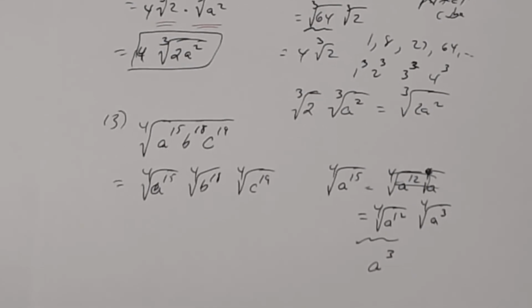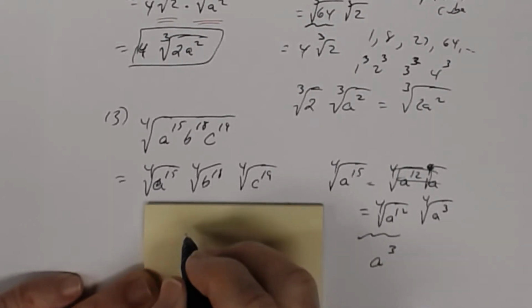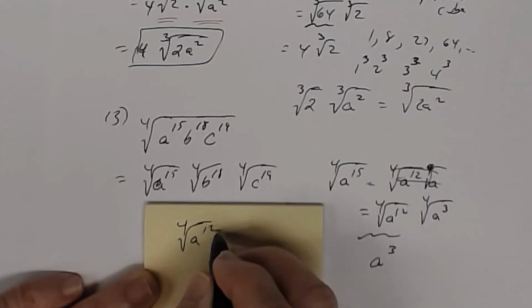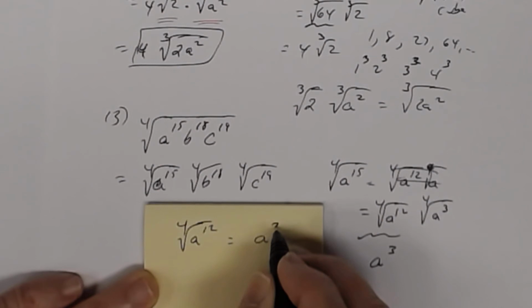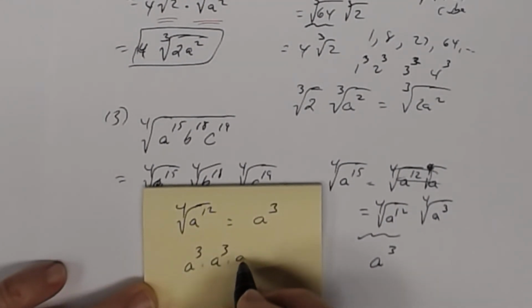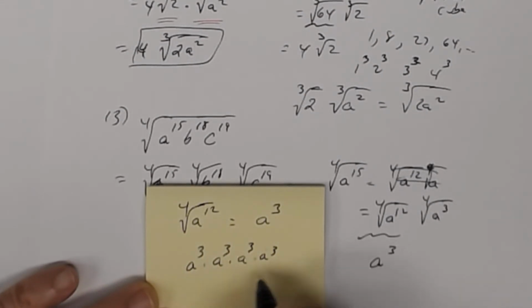Now make sure you understand why that's true. The fourth root of a to the 12th is a cubed, because a cubed multiplied by itself 4 times, the index 4, is a to the 12th. When you multiply like bases, add exponents: 3 plus 3 plus 3 plus 3 is 12.